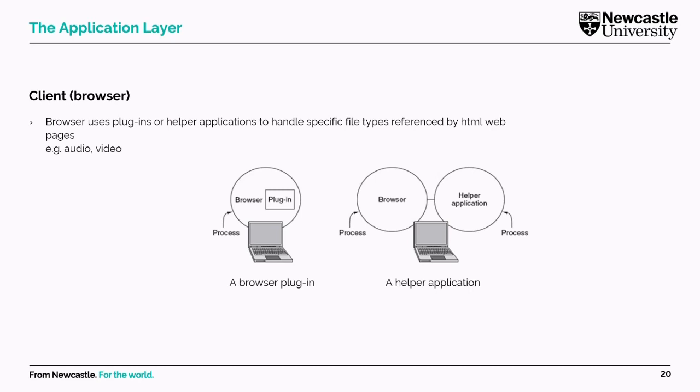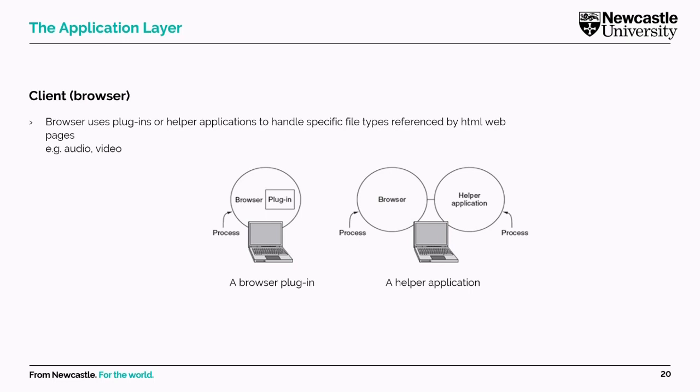Okay, so we know that web pages can not only contain text, but they can contain other types of media. Traditionally, in order to view that media, you might need a plugin in your browser. The most significant of these for a while was Adobe Flash, which allowed you to view videos in your browser.